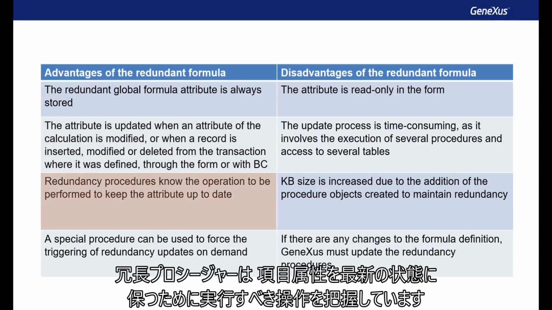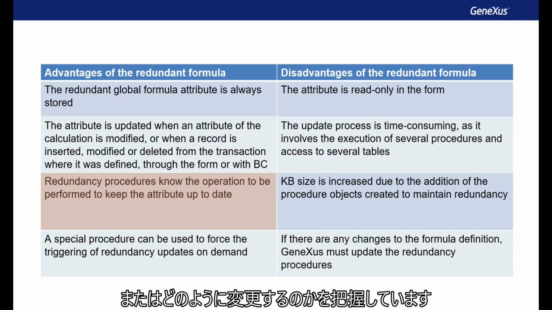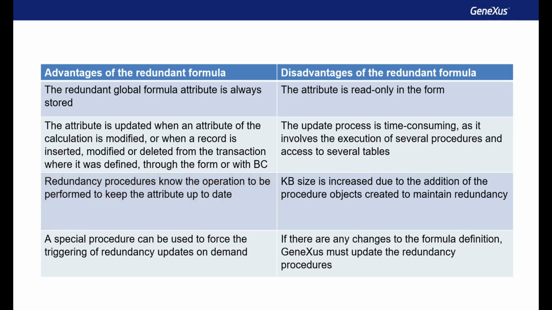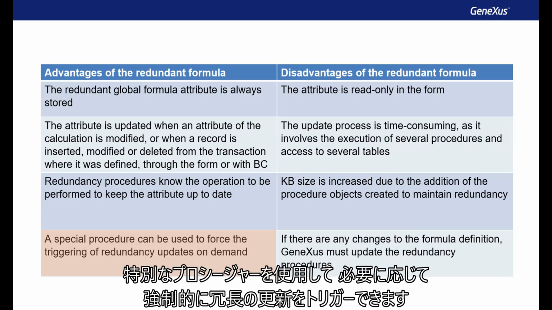Redundancy procedures know the operation to be performed to keep the attribute up to date. In other words, they know whether they have to add, subtract, or how to modify the value. And it's possible to force the triggering of the redundancy update on demand by means of special procedures that Genexus creates when we define an attribute as redundant.